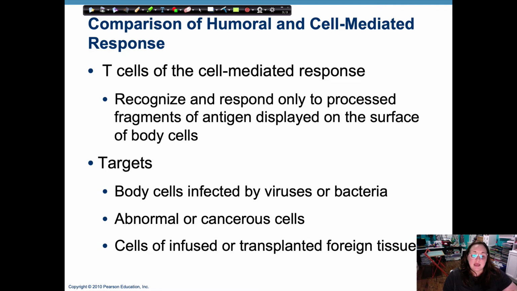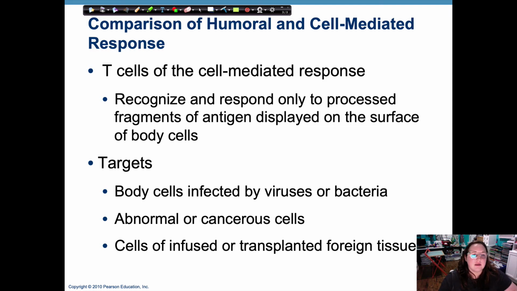Sometimes these could be abnormal cancer cells, or they could be cells that have transplanted foreign tissue on them. Okay, and so because they'll be creating a new type of protein that the body has never seen before.